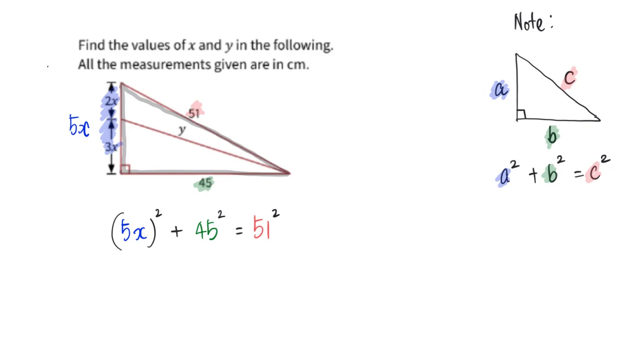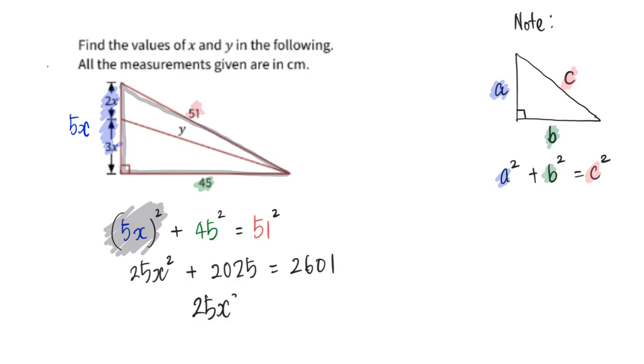And I continue to simplify it further. 5x square will be 25x square plus my 45 square, 2025, 51 square, 2601. So 25 x square will be equals to this, 576.